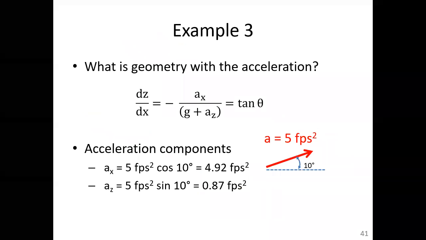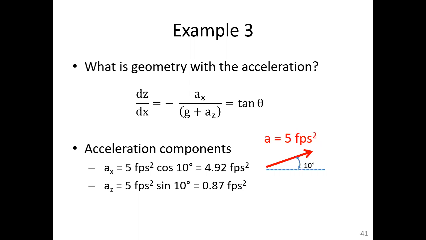However, we know that the geometry with the acceleration field is going to dictate the slope of that fluid surface. Theta is the angle off of the horizontal due to the acceleration fields, AX and AZ. So what we'd like to do is calculate tan theta and then figure out if the fluid surface exceeded that left-hand side pinnacle at 5 feet, if the deflection was 2.5 feet on one side and 2.5 feet on the other.